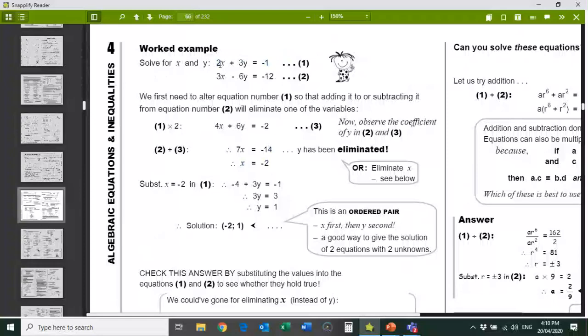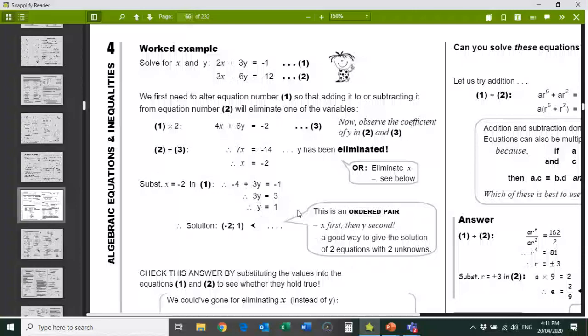So we're going to say 2 times -2 is going to give me -4, plus 3y is equal to -1. And all I do, it's just a simple linear equation. I'm going to get my y on this side, I'm going to get my numbers on that side, and I'm going to make sure that the y is alone, dividing it by 3 and getting my y as 1.